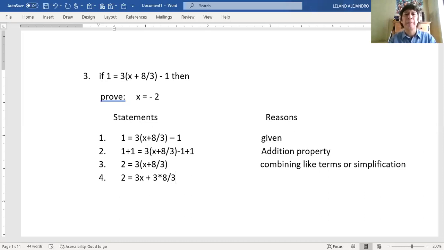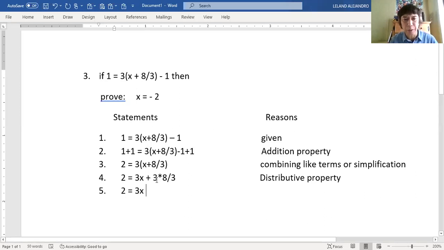There. And this will be a distributive property. So we're going to write the reason for this one, distributive. Let me check the spelling. It's distributive property. Okay.